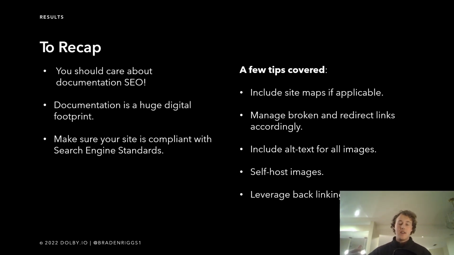Now, ultimately, you're just trying to play within the rules of a lot of these search engines, which means things can change, different things can happen. But a few tricks that have worked for us in the last 6 months, and that we're continuing to fix and improve about our documentation, include things like having site maps, correcting broken and redirect links, making sure everything's got alt text, and doing stuff like image hosting and encouraging our developer community to do some backlinking.